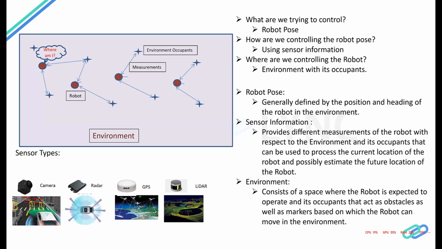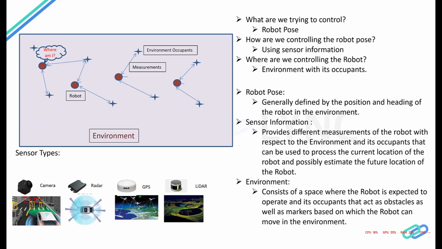So how does the robot perceive itself when it is in a given environment? It needs some kind of information, right? Before we go there, let us talk about the robot pose. What is a robot pose? How do we define it? A robot pose is a characteristic of the robot that will give you the position and the heading of the robot.